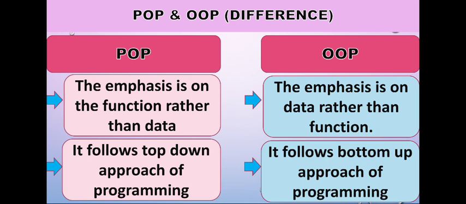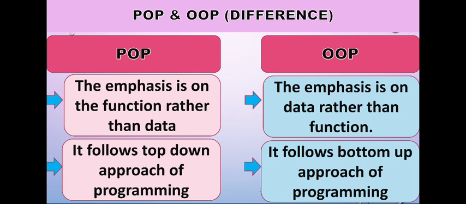But in object-oriented programming, the emphasis is given to data rather than function. POP follows a top-down approach of programming, meaning the execution starts from top to bottom, whereas OOP follows a bottom-up approach of programming, from bottom to top.